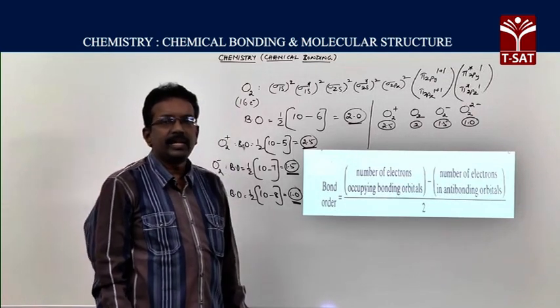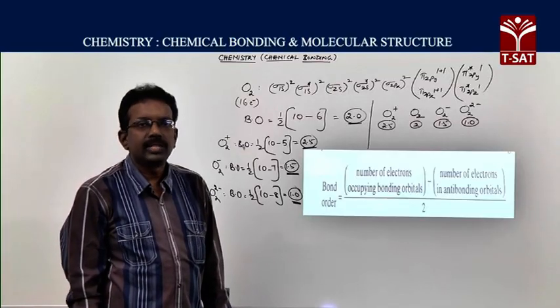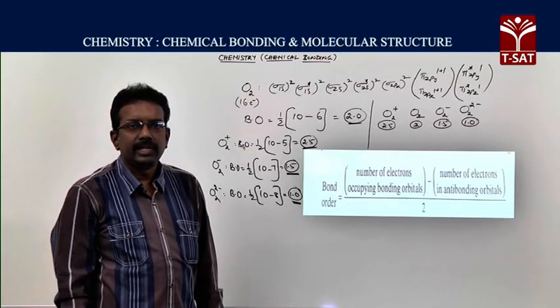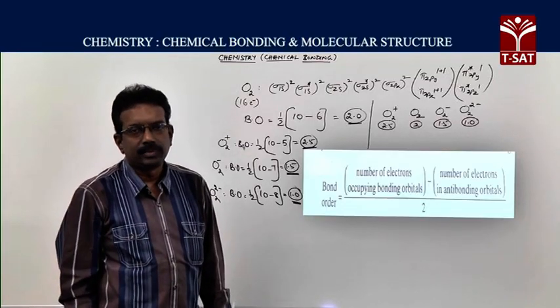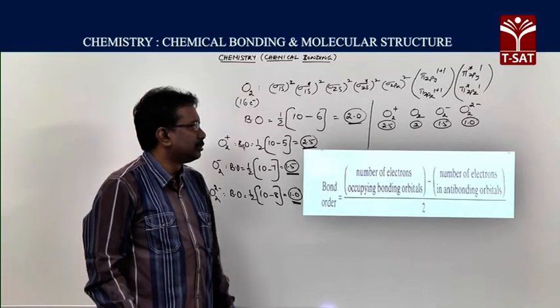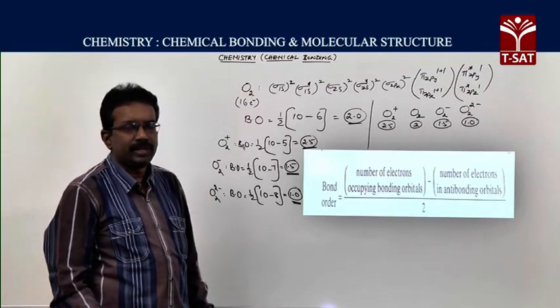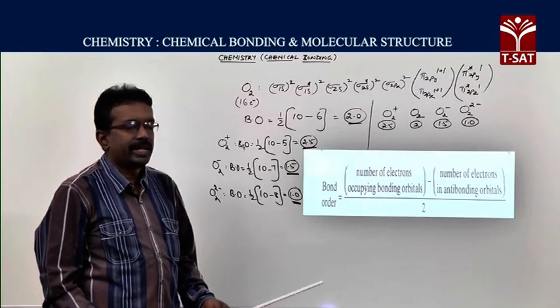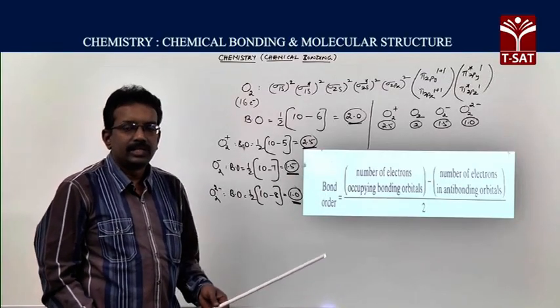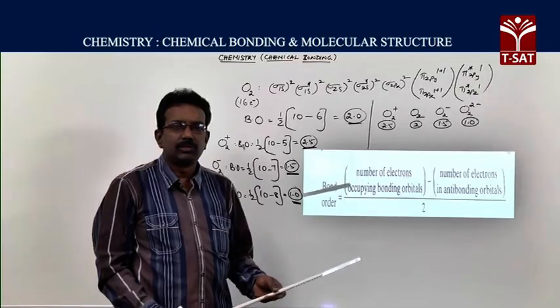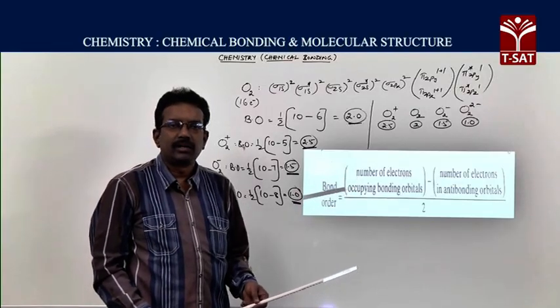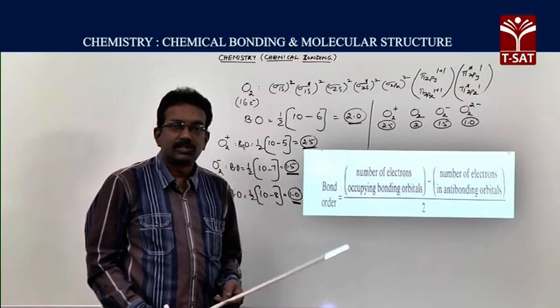That means stability is proportional to bond energy, proportional to bond order, and inversely proportional to bond length. This is a very important relation you have to practice for competitive examinations, because they give 3-4 ions and ask you to arrange them in the correct order of bond length, bond dissociation energies, bond orders, or stability.